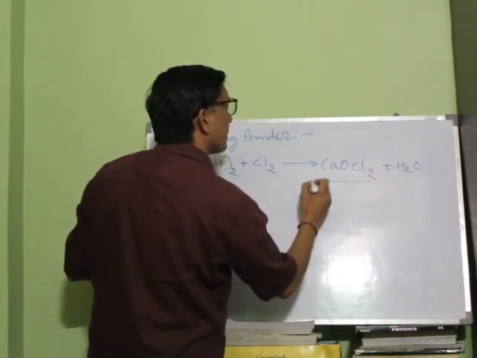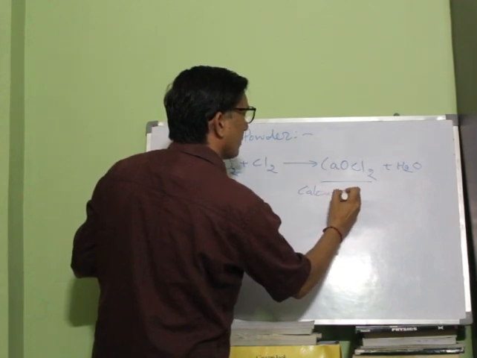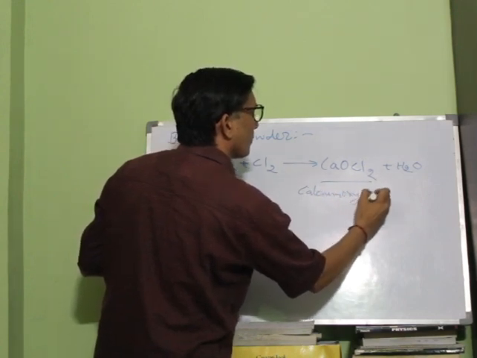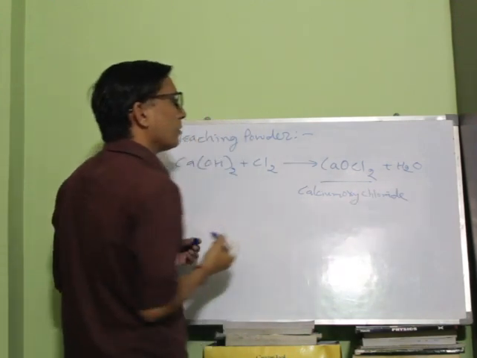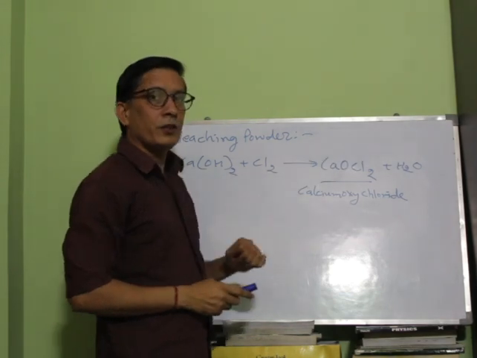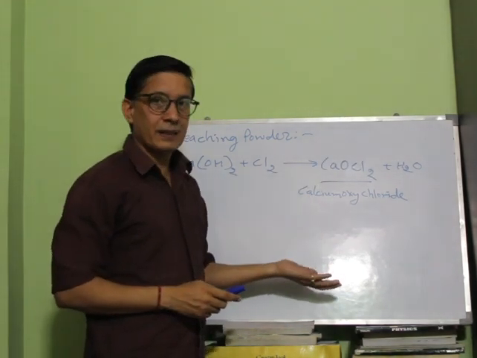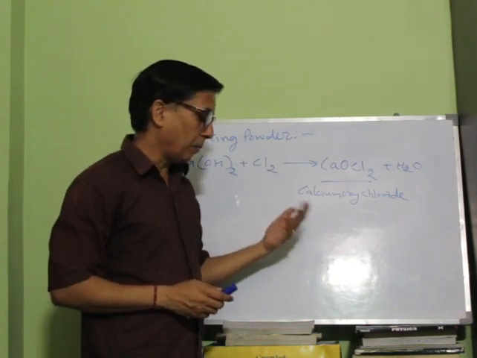Calcium oxychloride, bleaching powder, is used as a cleaning agent. It is also used in textile industries and paper industries.